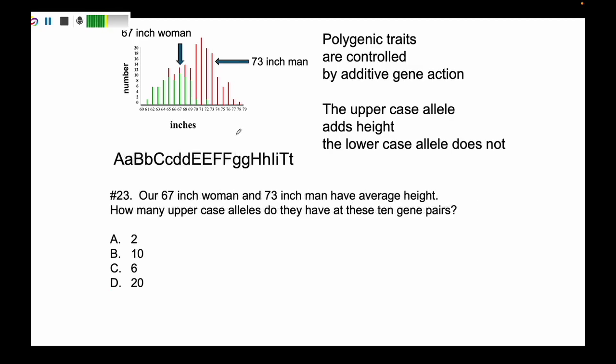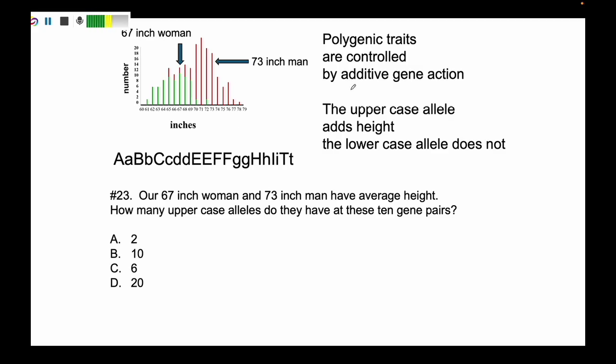I'll let you work through the rest of these questions on your own, but you can see where we are applying principles of independent assortment and segregation, this new idea of additive gene action, and building on the students' ability to apply these to an important trait, in this case variability in height, when it's controlled by lots of genes having an additive effect.